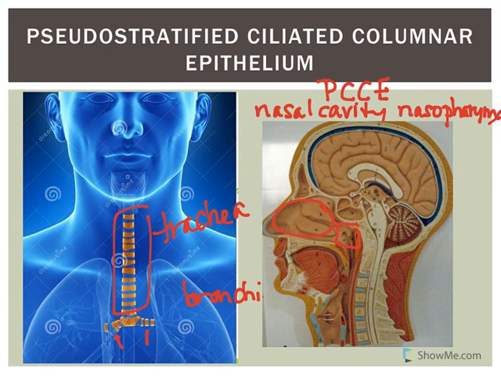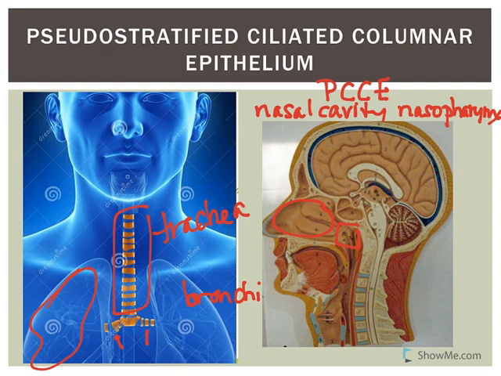Now the goblet cells that you will see as part of this epithelium secrete mucus, and the cilia will beat and propel anything that's been trapped in the mucus. So it's more protective there. It's protecting the alveoli down here from any type of pathogens or debris that could harm them.